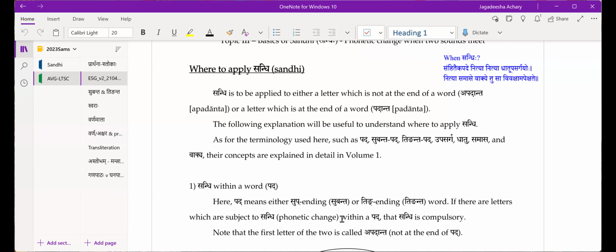It's not Ramaha, just Rama, akaranta pullinga Rama shabda. When you add vibhakti pratyaya, you get pratama vibhakti Ramaha, dvivachana Ramau, bahuvachana Ramaha. So the pratipadika Rama gets some additions or suffixes corresponding to the vibhakti and vachana.